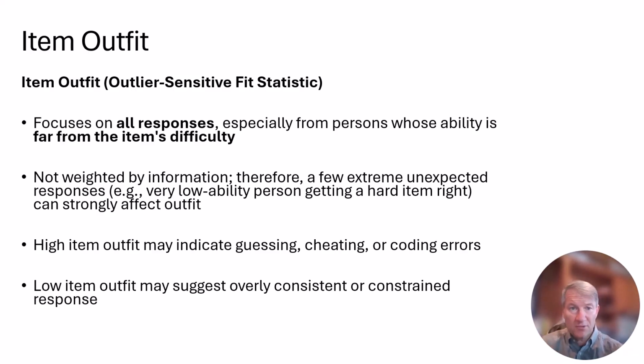So for example, if a very low ability person gets a very hard or difficult item correct, that can strongly affect the outfit. And if outfit statistics have high values, that could indicate a number of things, including guessing, cheating, or some type of coding error. And like infit, if the outfit statistic is very low, that may also suggest overly consistent or constrained responses.